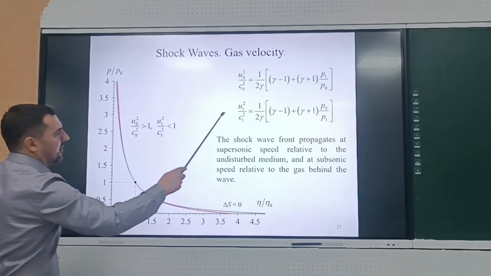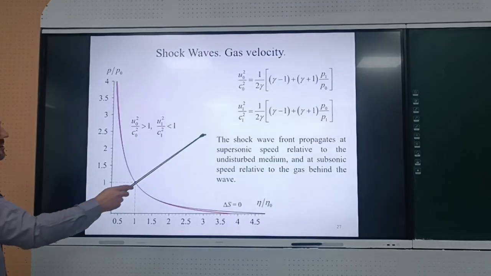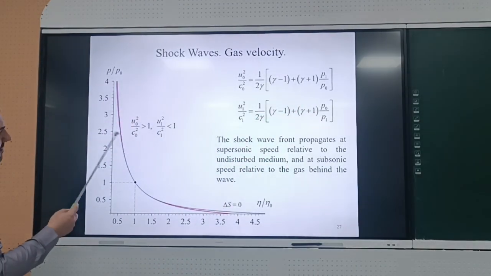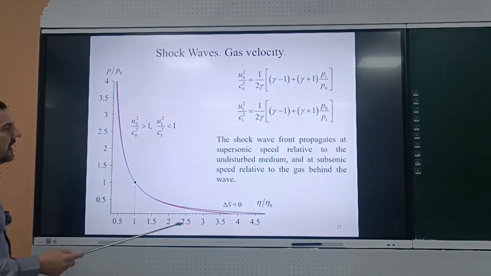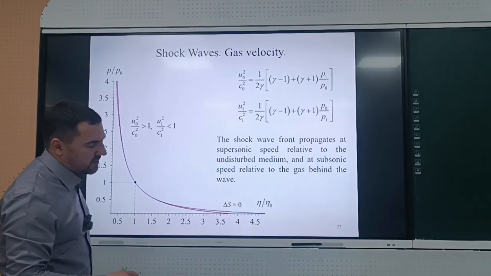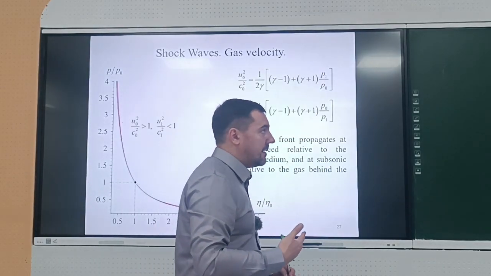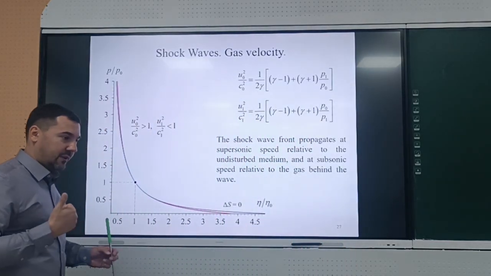And at the same time, for this curve, it is less than 1, because here we have P0, P1. So this result means that the shock wave front propagates at supersonic speed relative to the undisturbed medium and at subsonic speed relative to the gas behind the wave. So a shock wave is a structure that propagates with supersonic velocity, and at the same time, with respect to the gas behind it, it propagates with subsonic velocity.